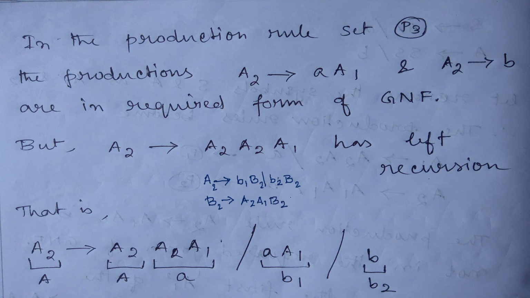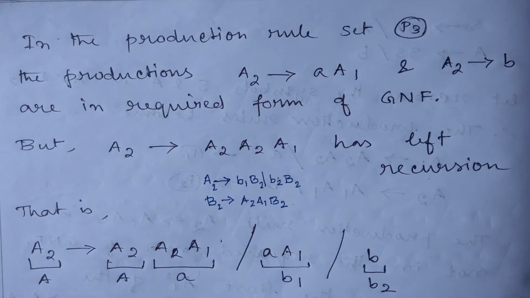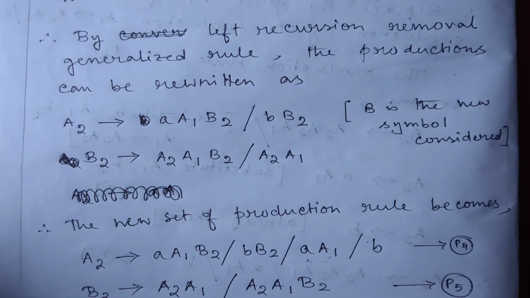This B2 is for the recurring part, and there must be the option this one, that is A2, A1, right? This is what actually I have written over here. You see, A2 to A1. This is the B1, this is the new non-terminal.